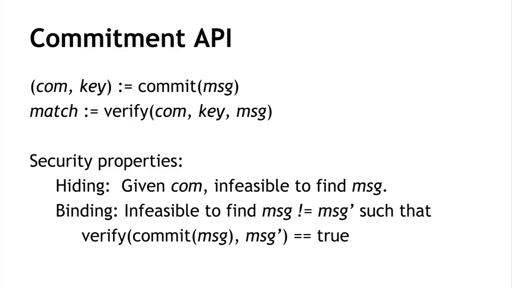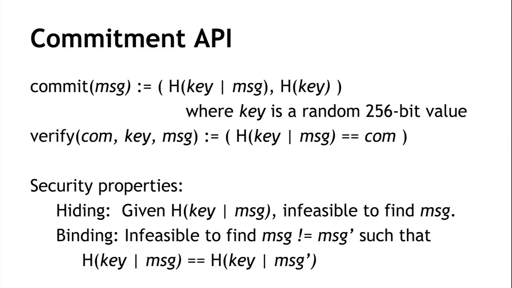Okay, so how do we know that these two properties hold? Well, first we need to talk about how we're going to actually implement commitments. The way we're going to implement commitments is like this. In order to commit to a value message, we're going to generate a random 256-bit value and call it the key. Then, as the commitment, we return the hash of the key concatenated with the message.